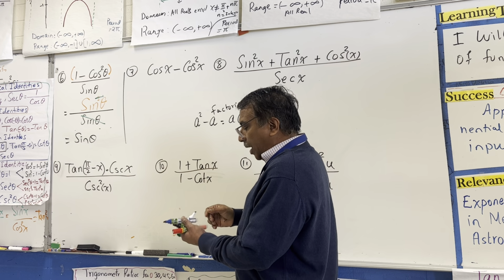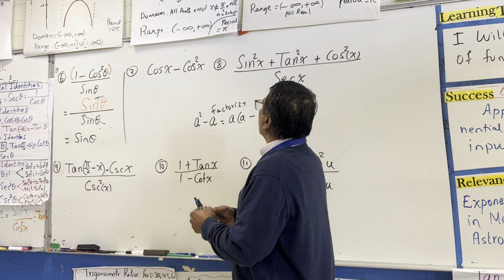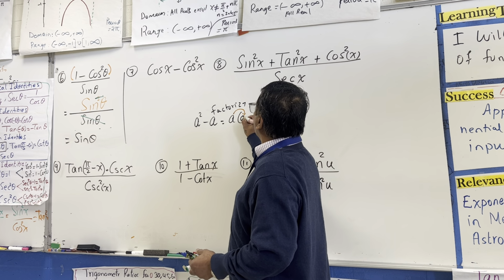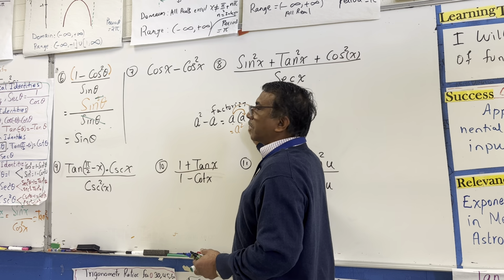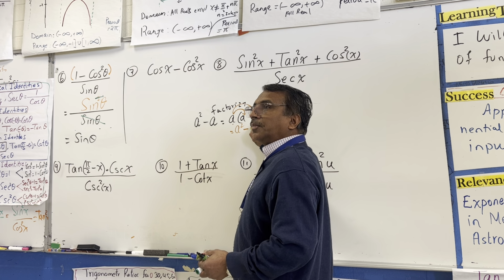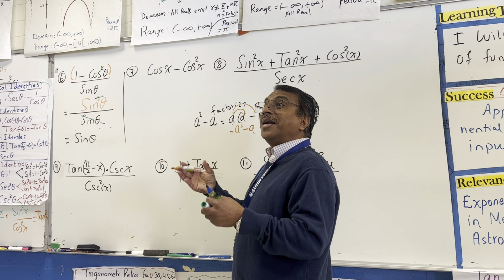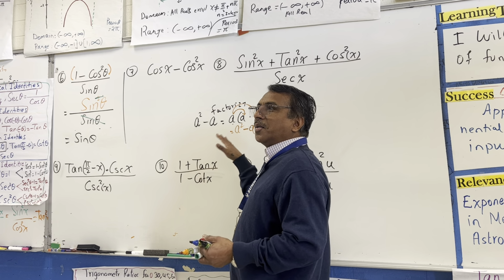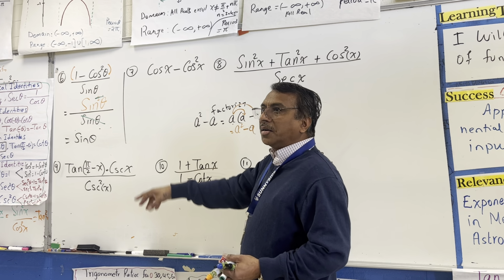Now if you get confused, just check whether you did the right thing by multiplying it. What is A times A? A square, right? Or what is A times minus 1? It's the same thing. It's called undoing the distributive property. This is the distributive property, but this is the undo.